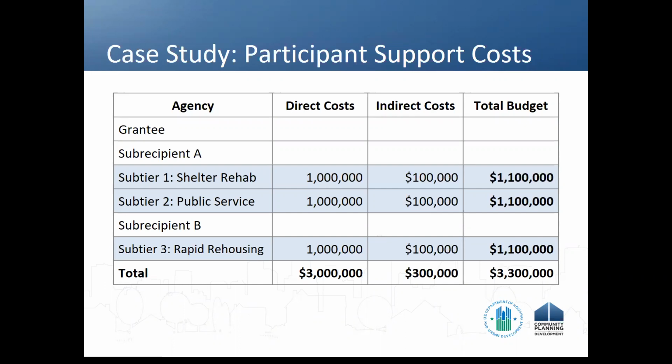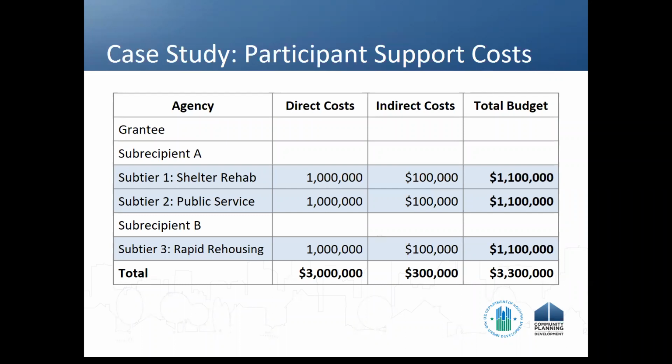So using the 10% de minimis method, and again, we're looking at an improper example, the grantee and its subrecipients incorrectly assume that each sub-tier subrecipient can simply charge a flat rate of 10% of all direct costs for indirect costs, resulting in a total budget of $1.1 million for each sub-tier subrecipient.